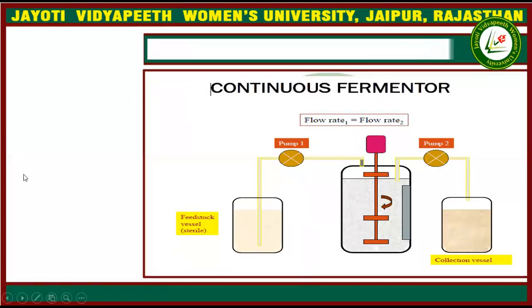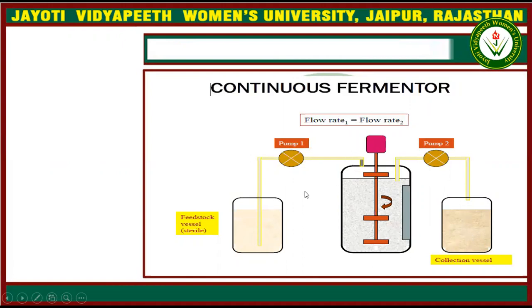So this is the diagram of a continuous stirred tank reactor, in which the rate of adding the media and substrate is equal to the rate of the cells and waste material taken out from the vessel.